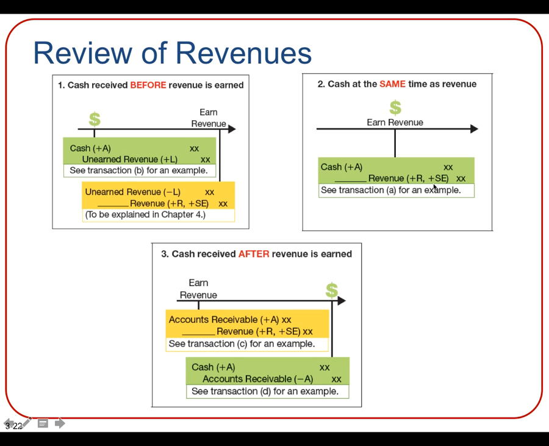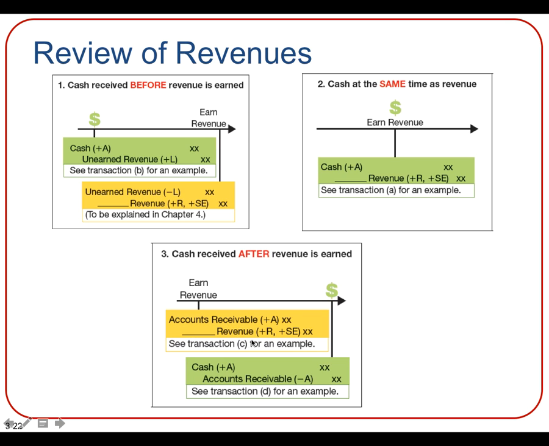And then in the third type, you earn your revenue and receive your cash after the revenue is earned. So when you provide a service or sell your product, you don't receive your cash. You receive a right to receive the cash. You sell your product on account, which means you have accounts receivable.